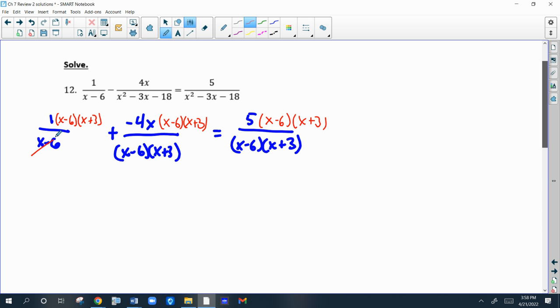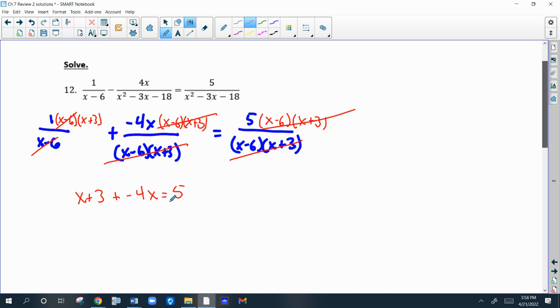So this x minus 6, this x minus 6. Both of these factors with both of these factors, and both of these factors with both of these factors. So this question looked kind of complicated at first, but look what we're left with. 1 times x plus 3 plus negative 4x equals 5.